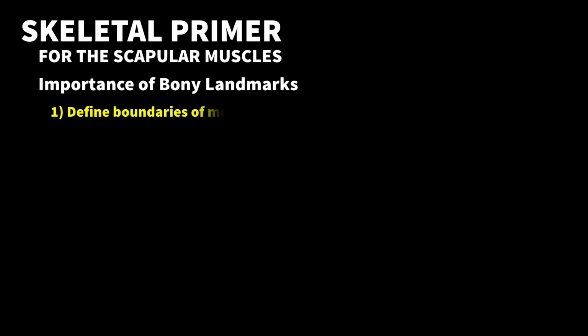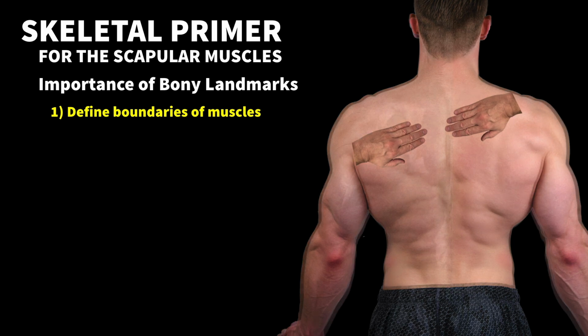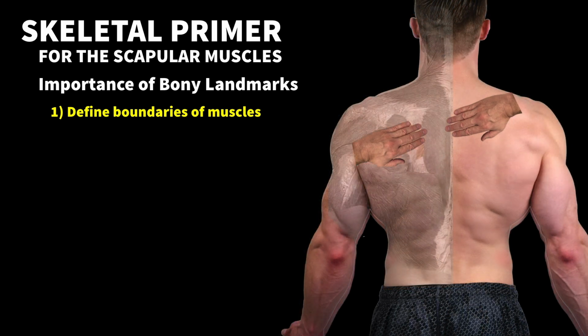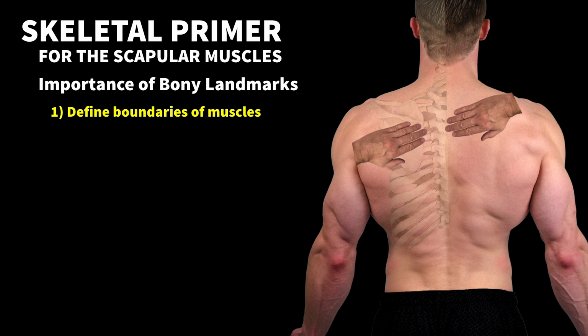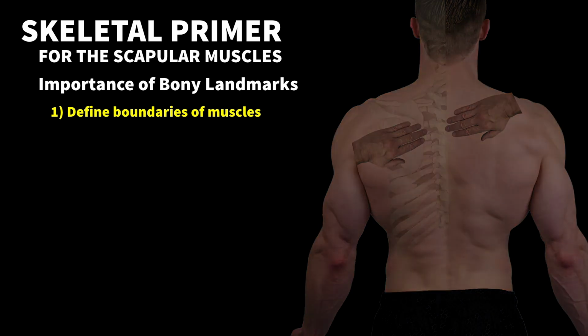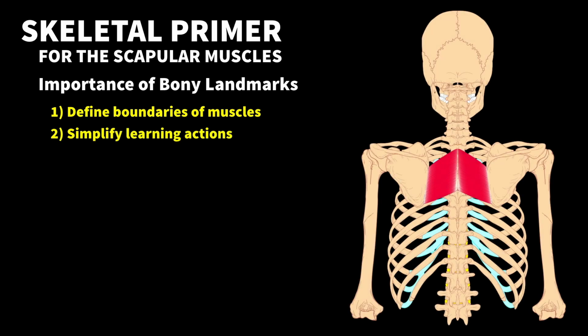They help define the boundaries of the muscle. 2. Knowing the attachments makes it easy to learn the actions the muscle produces when it contracts.